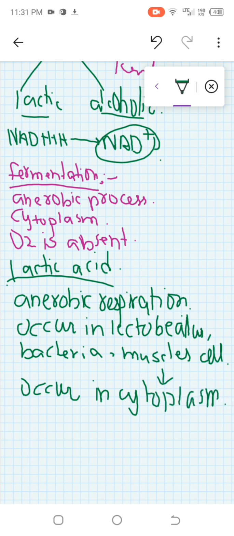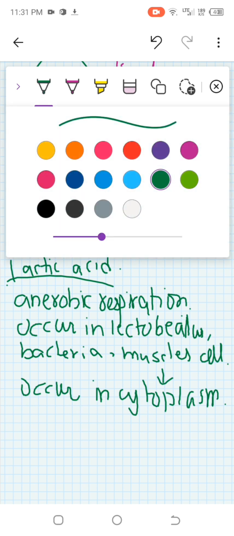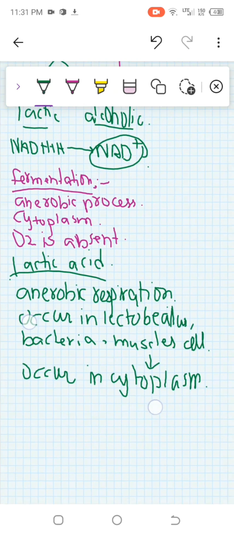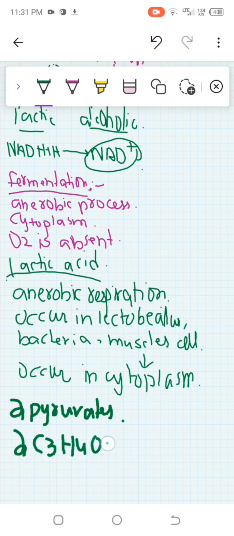Now let's talk about the main function of this. First of all we have 2 pyruvates. The formula of pyruvate is C3H4O3.